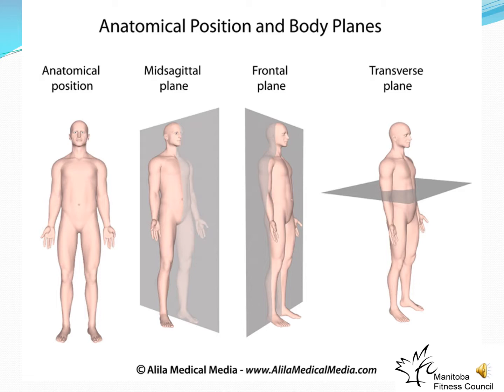The final plane that we'll deal with is the transverse plane. This plane will cut the body into upper and lower halves, and this is the plane upon which rotational movements occur. Rotational. So if you were to rotate your head over to look behind you, you'd be working in your transverse plane.